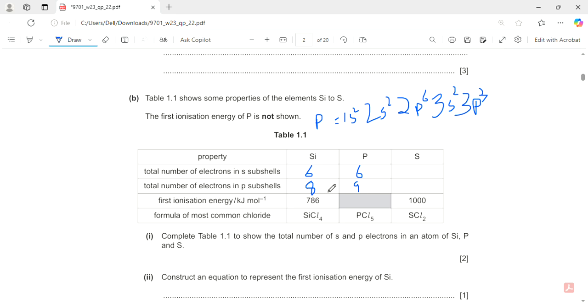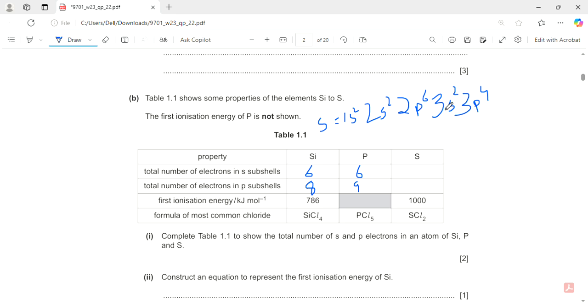Now it's the turn of sulfur. How many electrons are there in sulfur? 16. So 1s2, 2s2, which is 4, 2p6, 10, 12, and it should become 4 in the 3p subshell, because 12 plus 4 is 16.